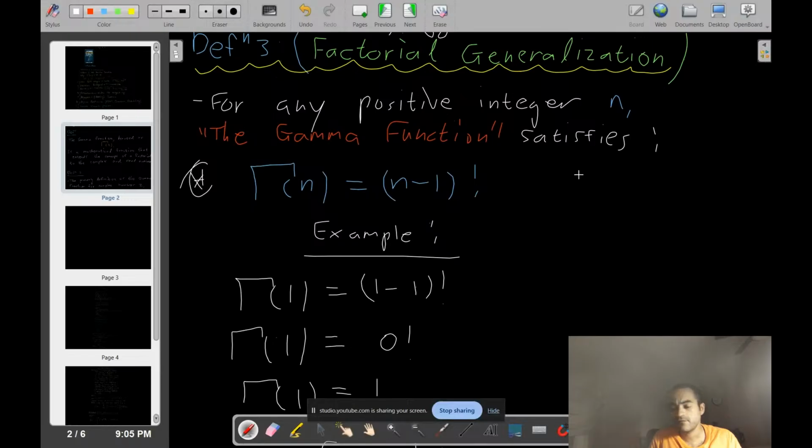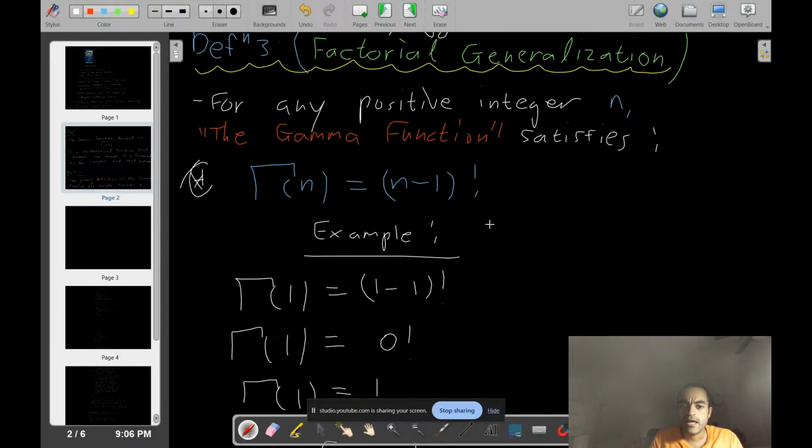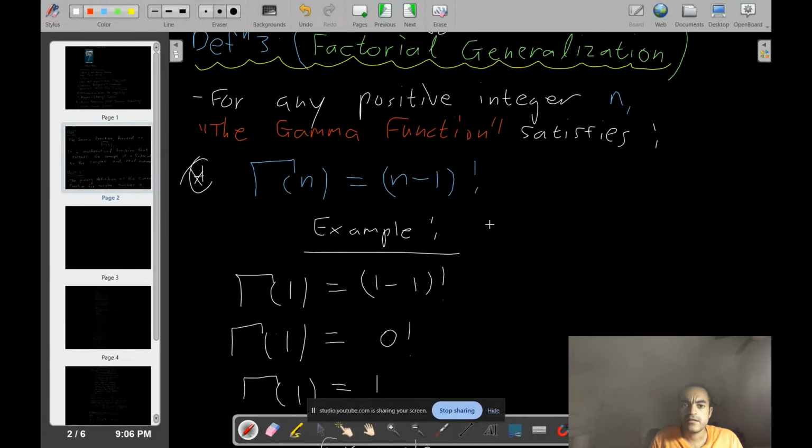For any positive integer n, the gamma function satisfies gamma of n is equal to n minus 1 factorial. Is there any misunderstanding here with anybody? Is there any misunderstanding in terms of the factorial generalization of the gamma function that I've highlighted right here?